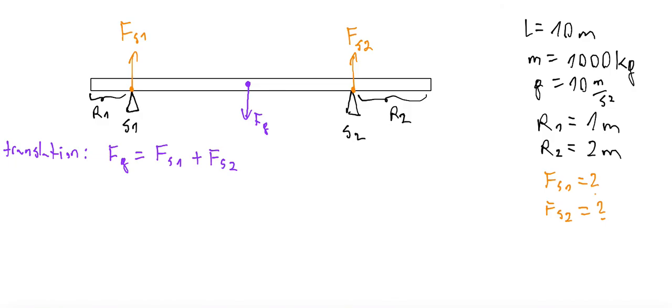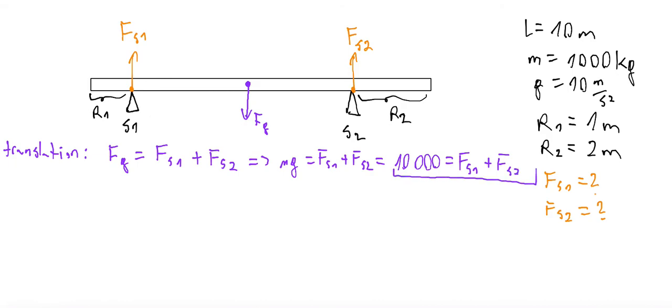So this is our first equation. Mass times gravitational acceleration is equal to Fs1 plus Fs2. So 1000 times g, which is 10, so 10,000, is equal to Fs1 plus Fs2. This is our first equation.